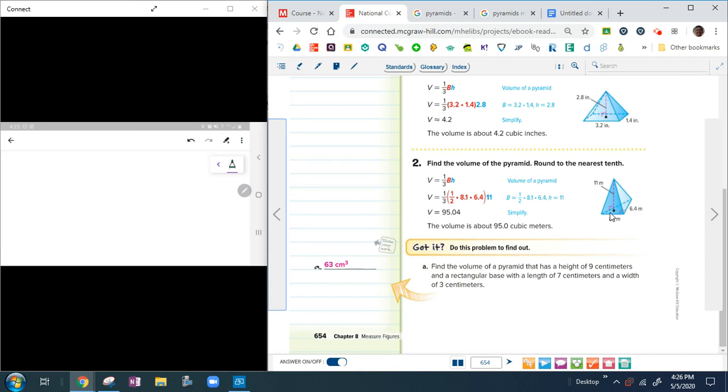To find the area of that triangular base, we need to use the formula for area of a triangle, which is 1/2 base times height. Here, these two numbers meet at a right angle for that base, so that's your base and your height, and we can plug them in there. 11 is the dotted line that meets the pyramid's base at a right angle, so that's our height. Calculate, boom, 94.04, and you get it there.